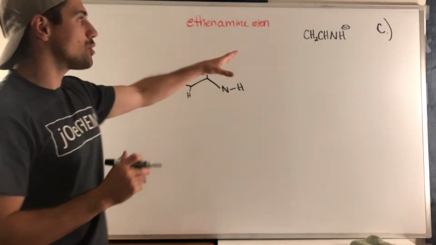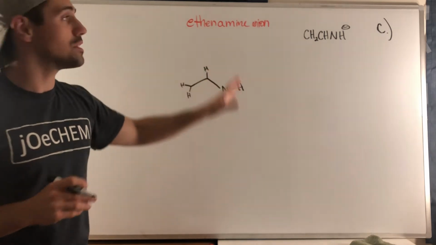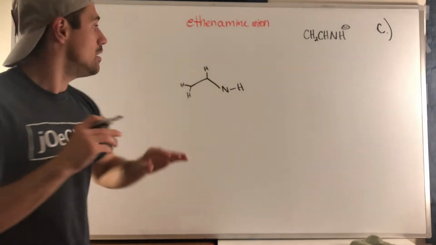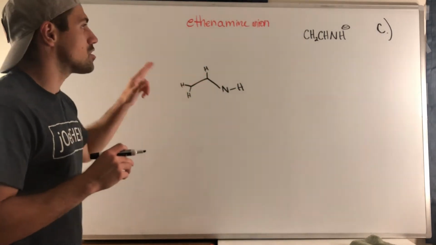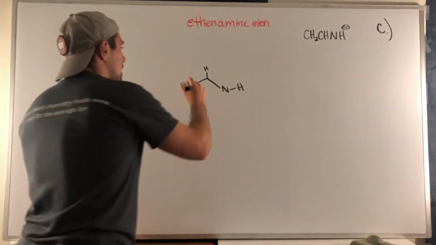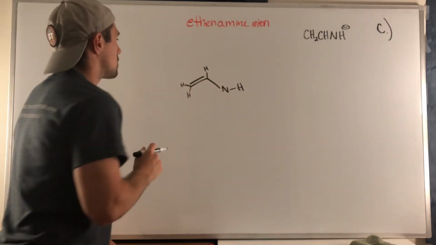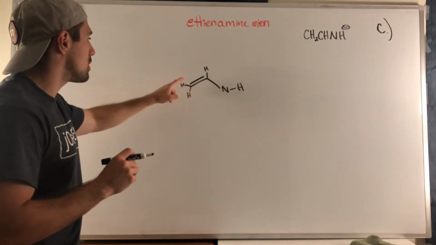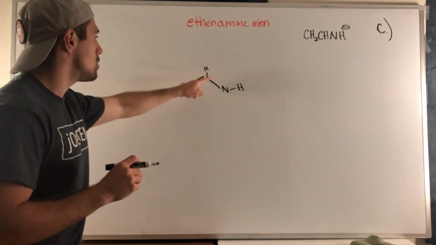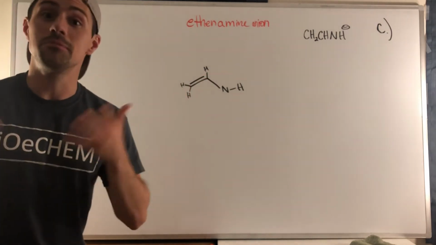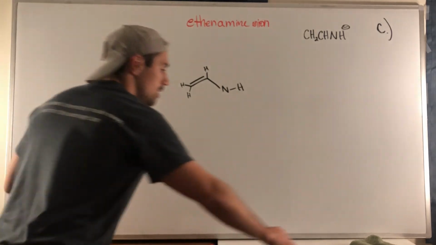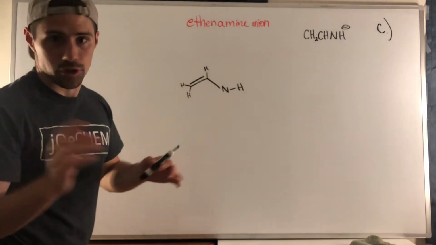And I clearly have no charges on either of the carbons. I have 1 on nitrogen, but we will get there. But to make this work, to make sure that these carbons have a full octet, it makes sense that I have a double bond right here, right? Because then this carbon has 1, 2, 3, 4, and this carbon up here is 1, 2, 3, 4. So the double bond between the carbons makes sense, okay? And we'll count electrons in a second.